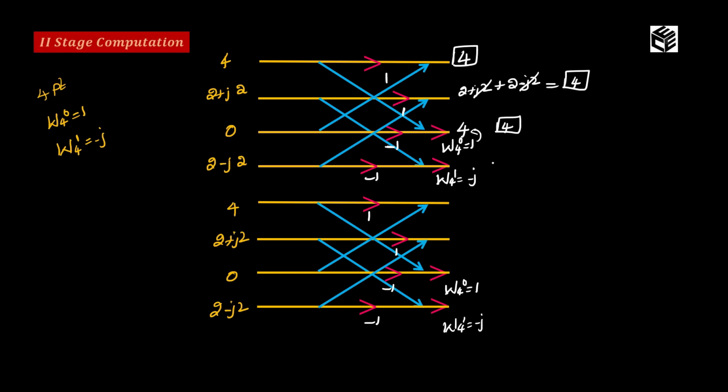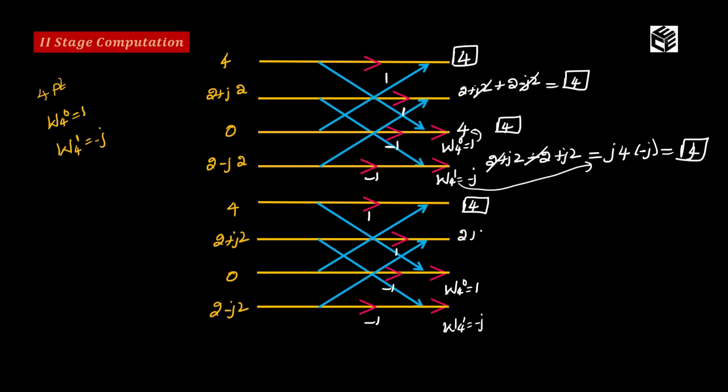And here it is 2 plus j2 minus 2 plus j2. The value is 2 and 2 will get cancelled. So it is j4 and the j4 is multiplied by W4 bar 1, that is minus j, which is equal to 4. Okay. And here the answer is 4 plus 0 is equal to 4.